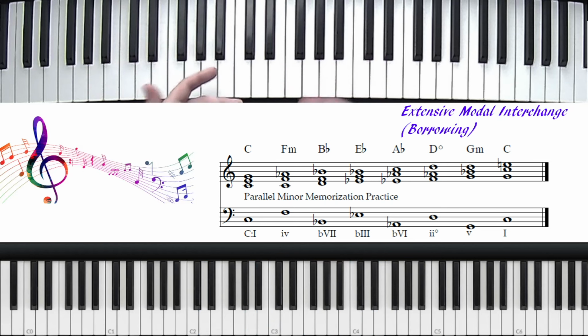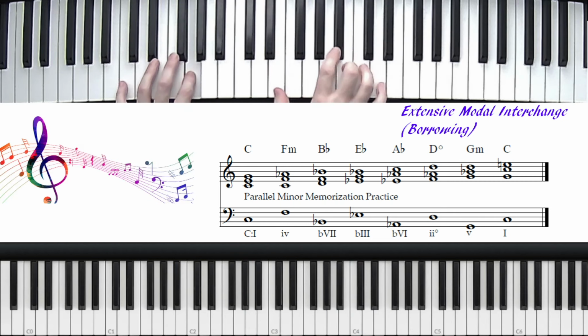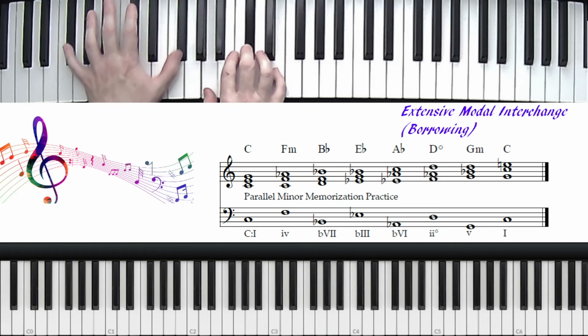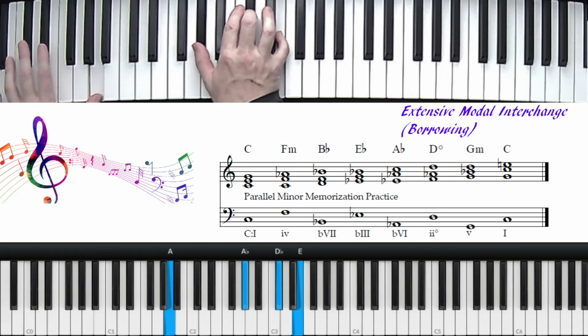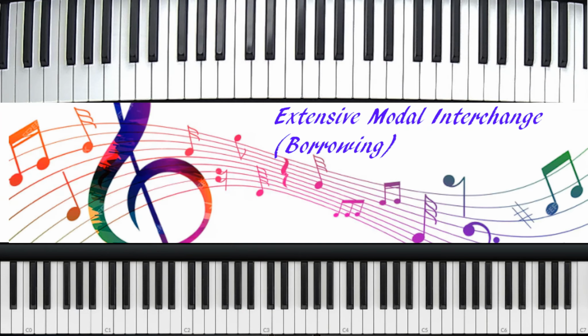You always want to lay the foundation with basic chords before you start getting more complex. And this is still just using chords from parallel minor. But you want to lay the foundation.